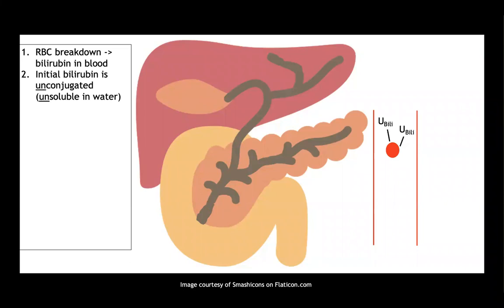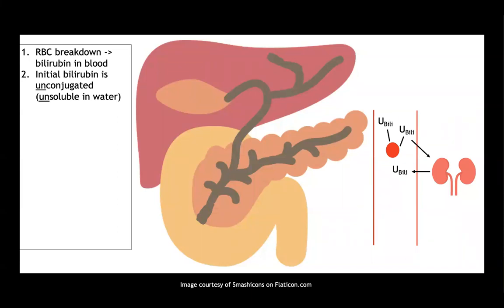An important thing to recognize is that unconjugated bilirubin is water insoluble. So if this unconjugated bilirubin tried to go to the kidneys to get excreted, the kidneys basically throw it back in the bloodstream and say, I can't do that, because they're only going to help out with water soluble compounds.